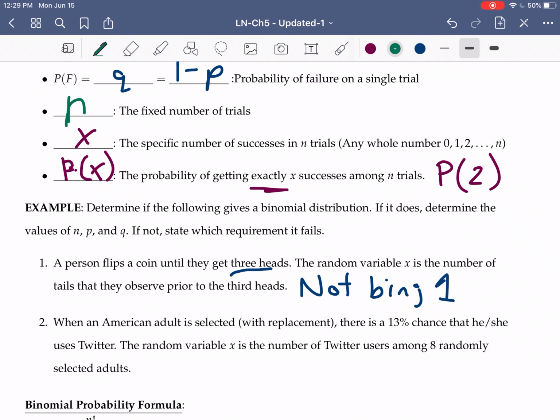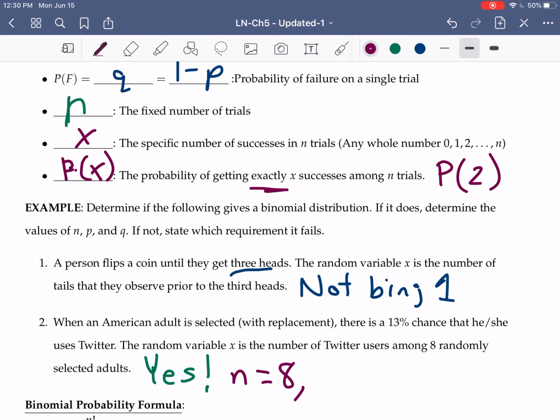And so here, is this binomial? Yes, it is. Does it have a fixed number of trials? Yes. There are 8 trials. We're going to select 8 people, so the value of n is 8. We will consider it a success if they use Twitter, and a failure if they do not.